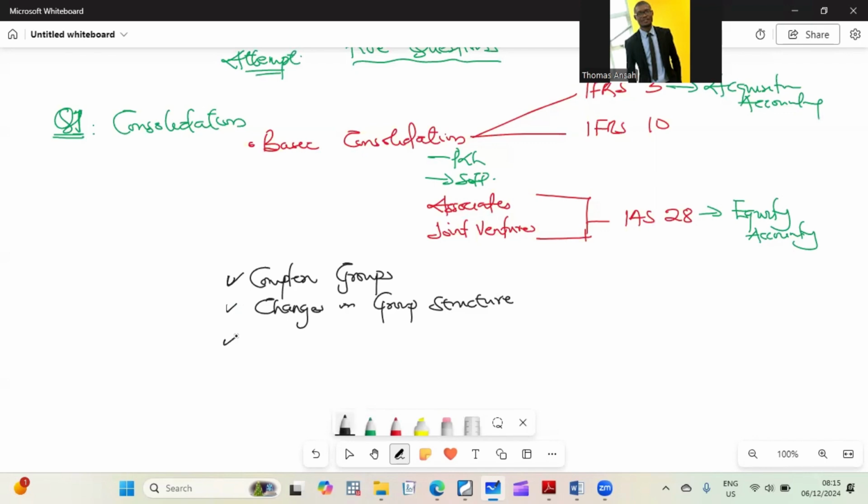We will also be dealing with foreign consolidation. Then lastly, there is cash flow, consolidated cash flow. So these are the main areas of the consolidation.